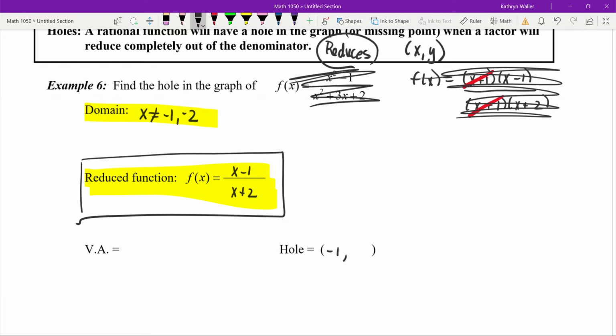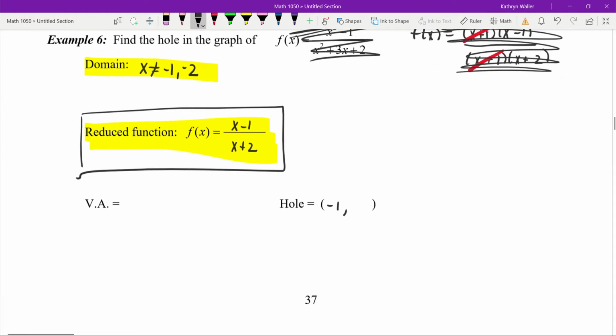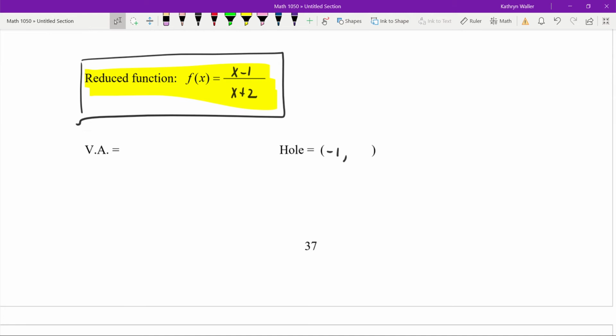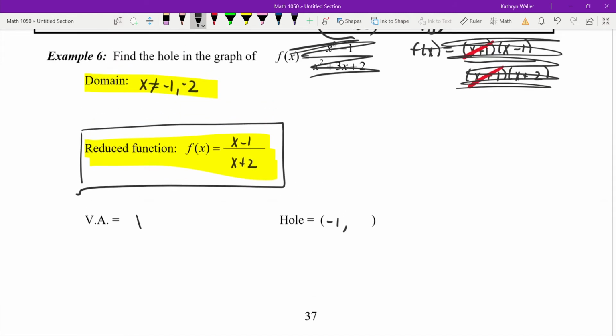Okay, let's go to vertical asymptote. That's number 6. How do you do it? Bottom equals 0. So I have people that go x equals -1, x equals -2. That's wrong. Why is it wrong? Where are they looking? They're looking at those ones I scribbled, right?